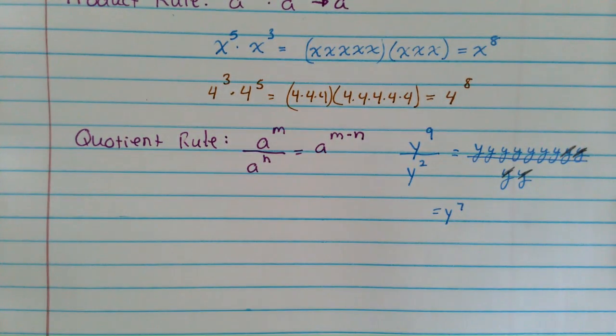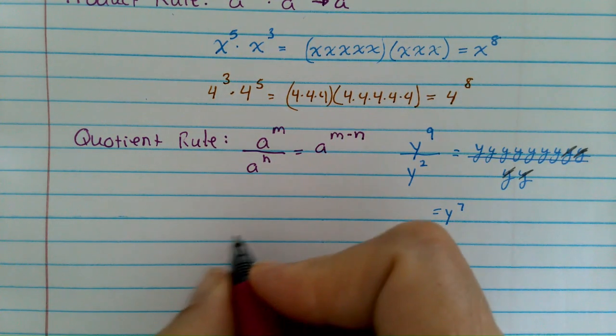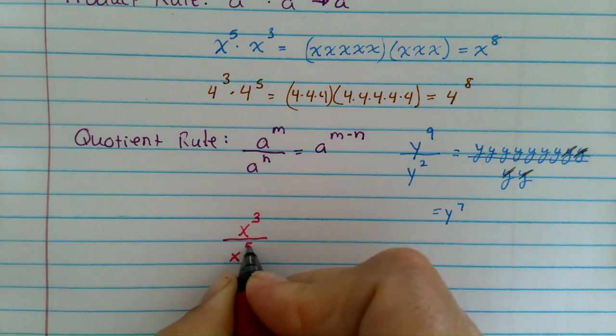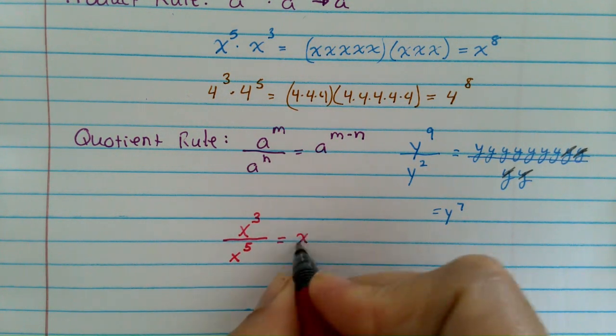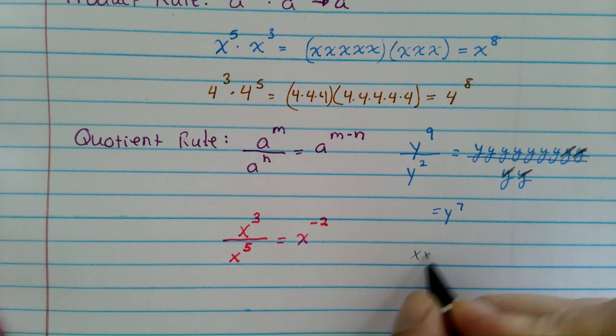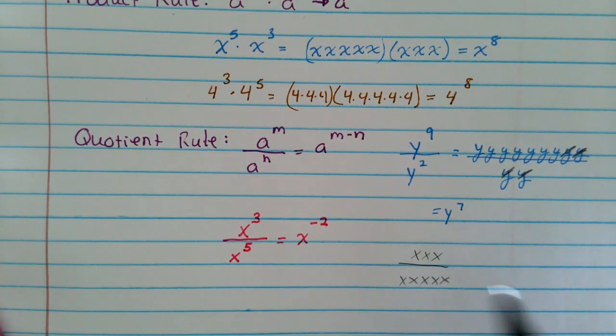Which kind of brings me to my next idea, let's think about this. What if I had x to the 3rd divided by x to the 5th? Well, if I follow this rule, I'm going to get x to the negative 2nd because 3 minus 5 is negative 2. But if I write it out, 1, 2, 3 over 1, 2, 3, 4, 5.